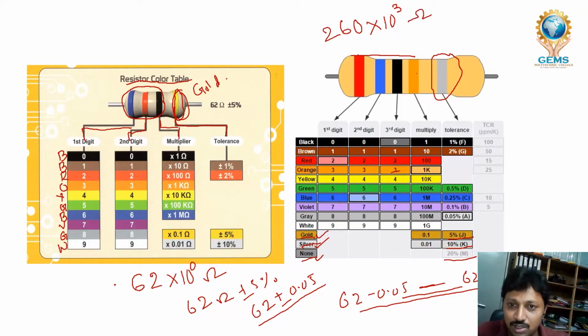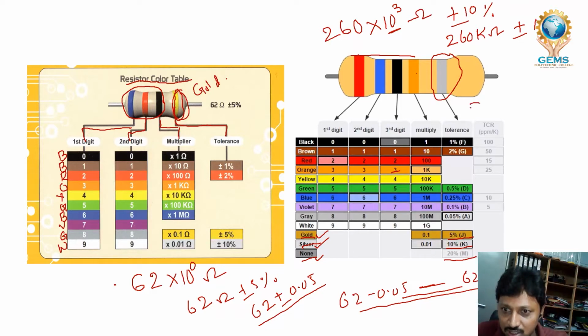So what is the tolerance? Silver is 10%. 10% tolerance, right? So we can write 260 times 10 power 3, which means kilo ohm, plus or minus 10%.